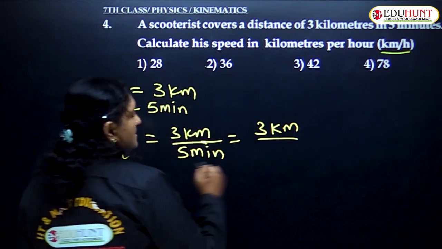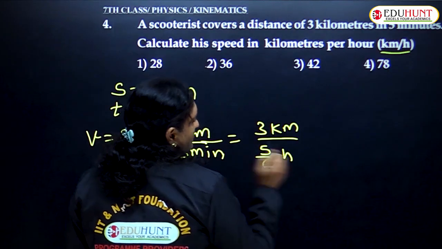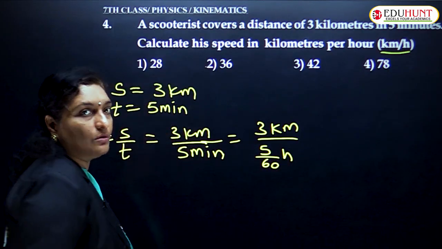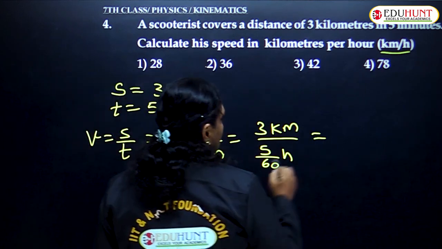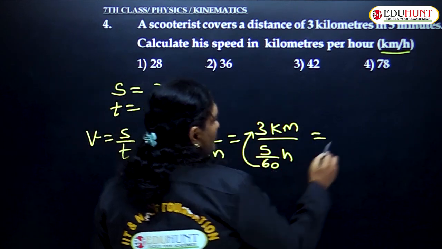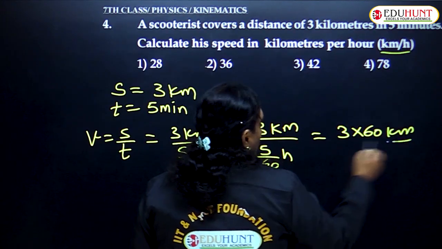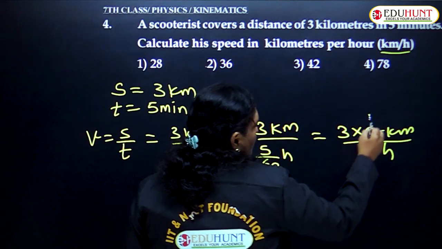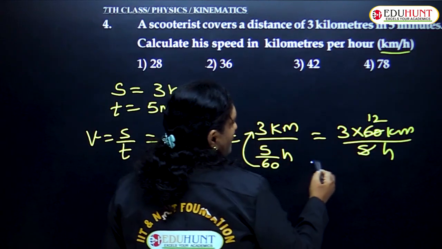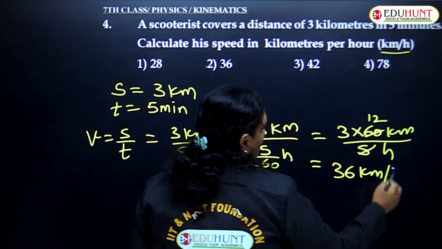So, 5 minutes is equal to 5 by 60 hours. So, further simplification gives this: 60 is carried upwards, then 3 into 60 kilometers upon 5 hours. Simplify the 5 ones and 5 twelves. Hence, your answer would be 36 kilometers per hour.